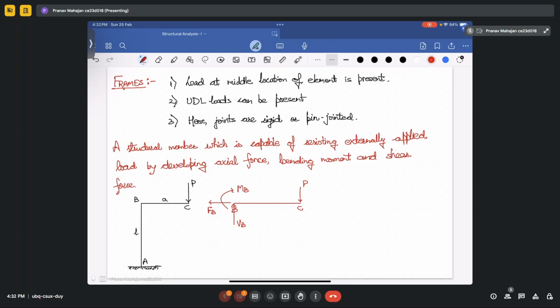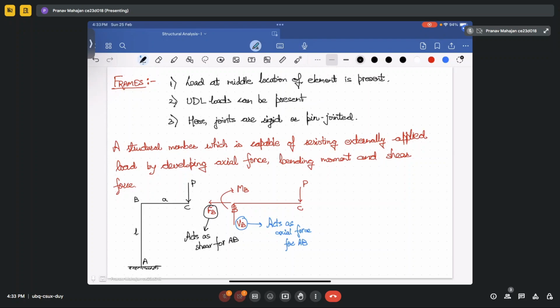Now this force FB will act as a shear for the beam AB, and VB will act as axial force for AB.